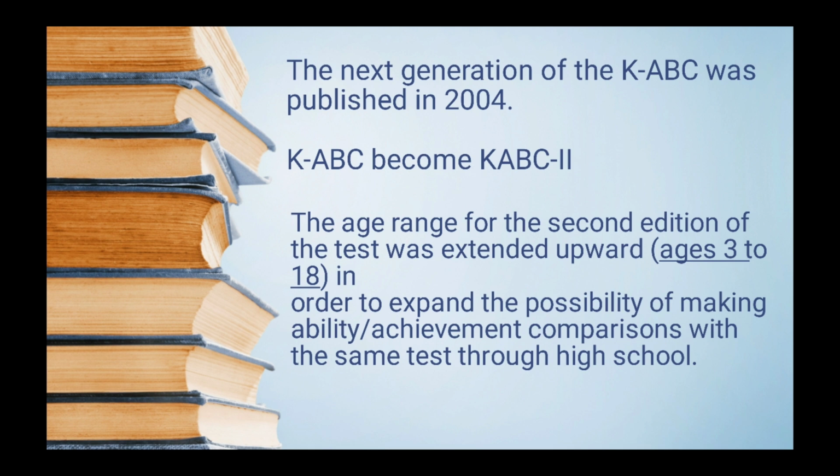In the second edition, KABC-2, the age range is 3 to 18. This is to expand the possibility of making ability-achievement comparisons with the same test through high school. It was extended to 18 years old.